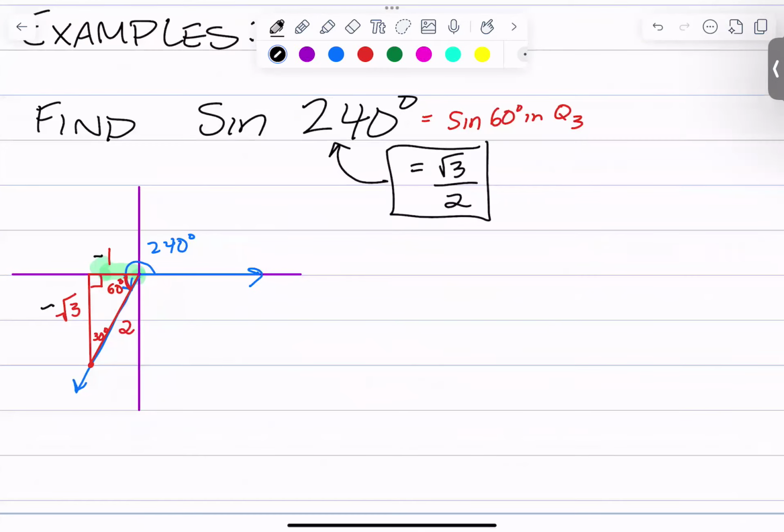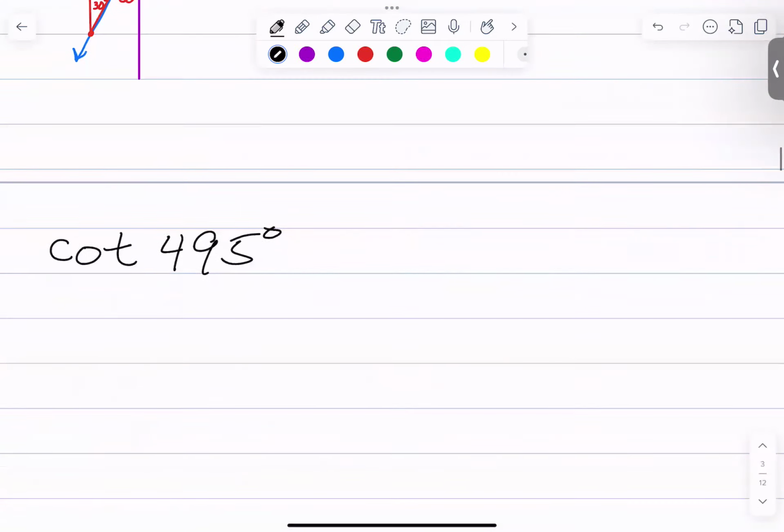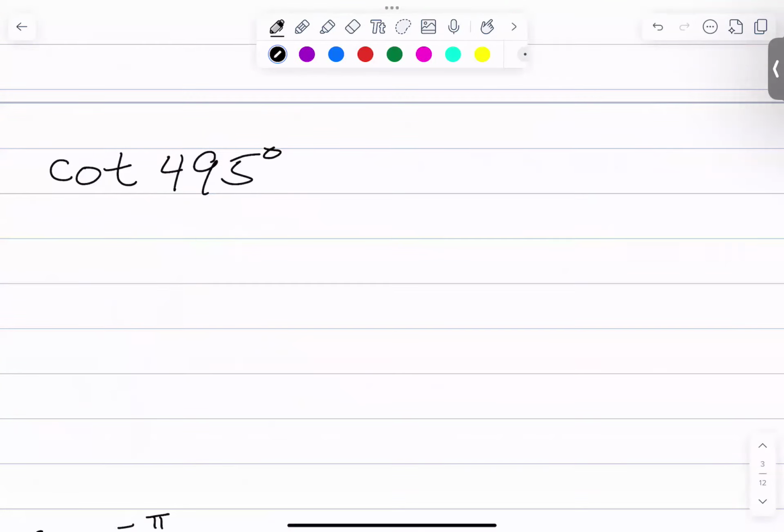All right. So let's get the cotangent of 495. The first step would be to draw it out.